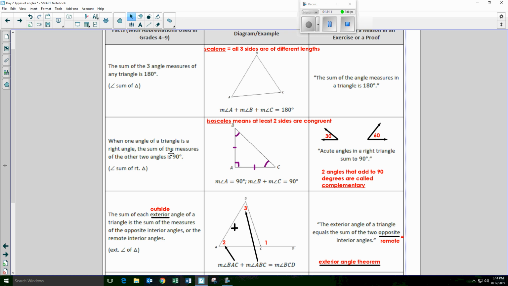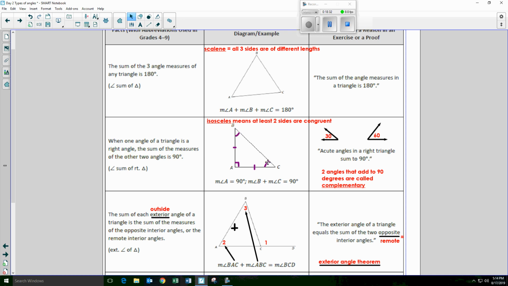We already reviewed that. The sum of the measures of the other two angles has to add to 90. Why is that? Because all three angles add to 180, right? If I subtract off that 90 degrees from the total of 180, that leaves me 90 left for these two angles to add up to. Okay, that should be common sense. If that's 90, then these two have to be 90.